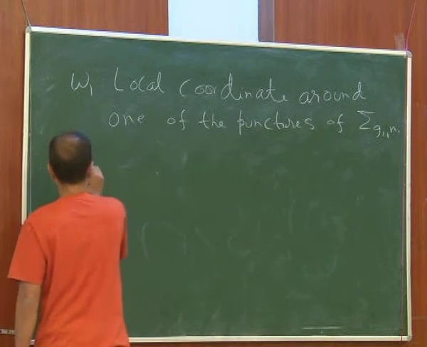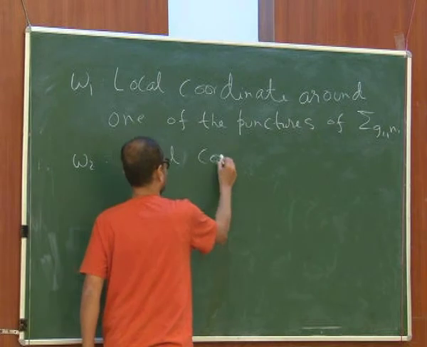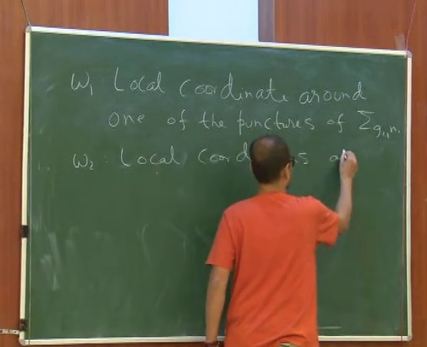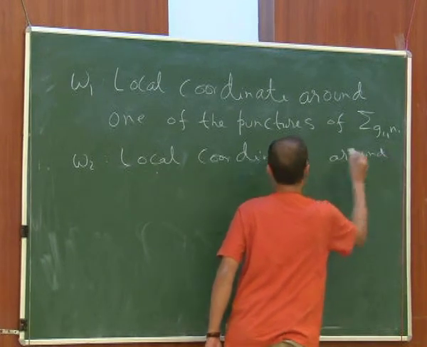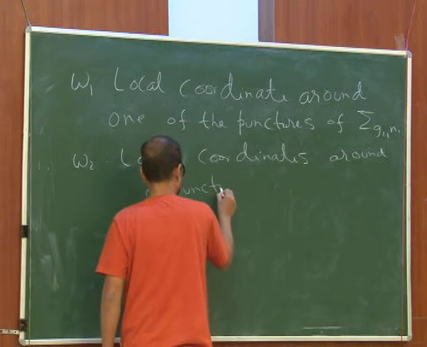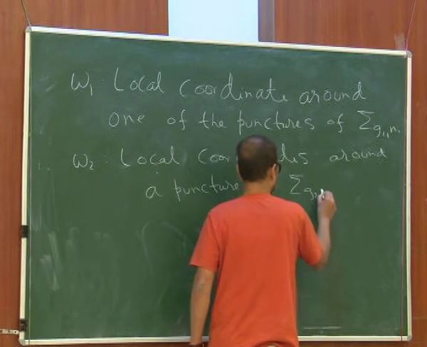And similarly, W2 is the local coordinates around a puncture of sigma g2 n2.